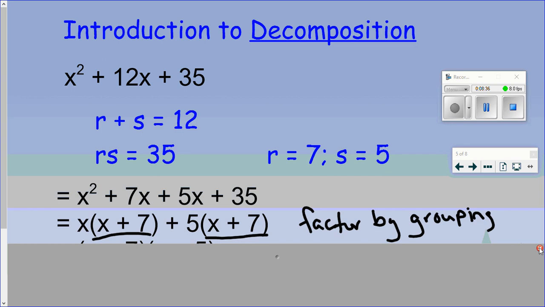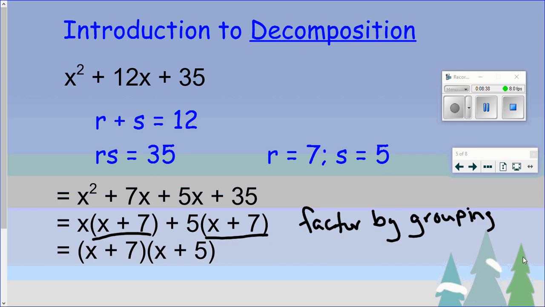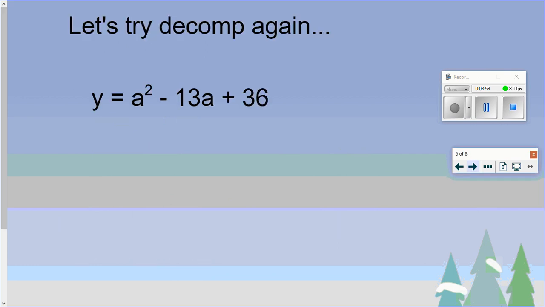What are the extra terms that are left over? They form the second bracket. And you have now decomposed this trinomial. Give it a shot.